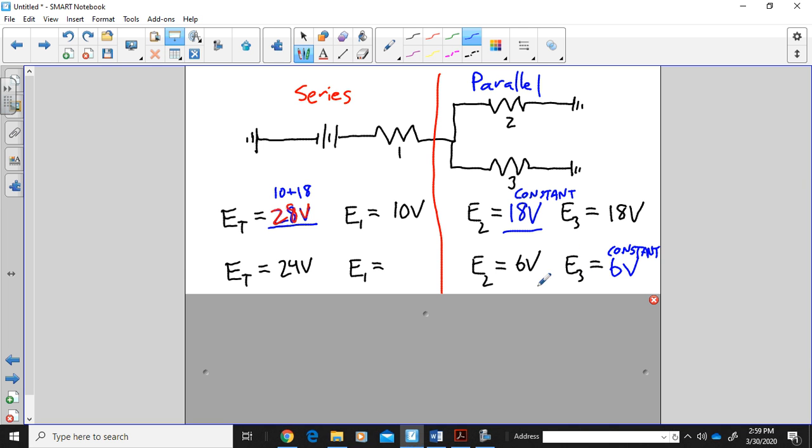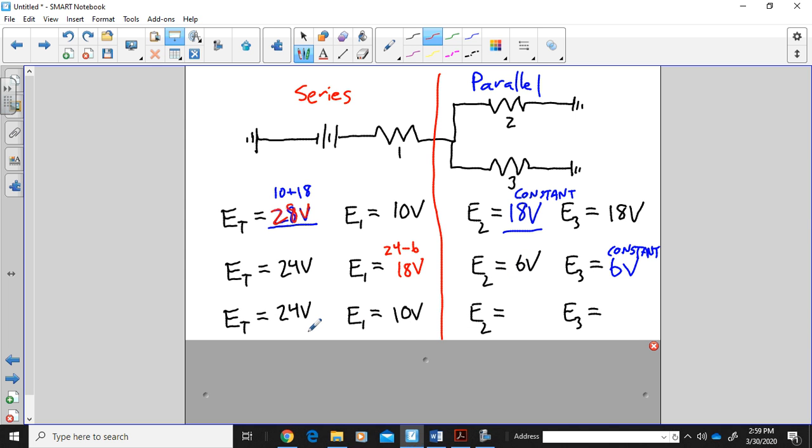Alright, 6 volts is dropped here. We can do, change it to red, 24 minus the 6 gives us 18 volts right there. 24, 18, 6.